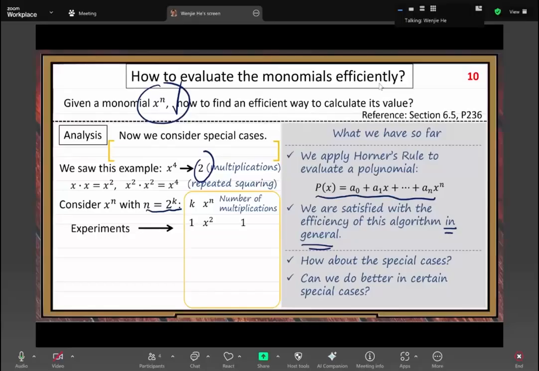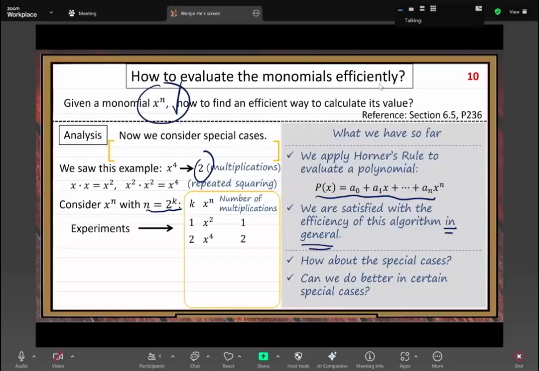When k equals 2, you do x to the 4th, because 4 equals 2 squared. So you do the square operation twice, and you need 2 multiplications.